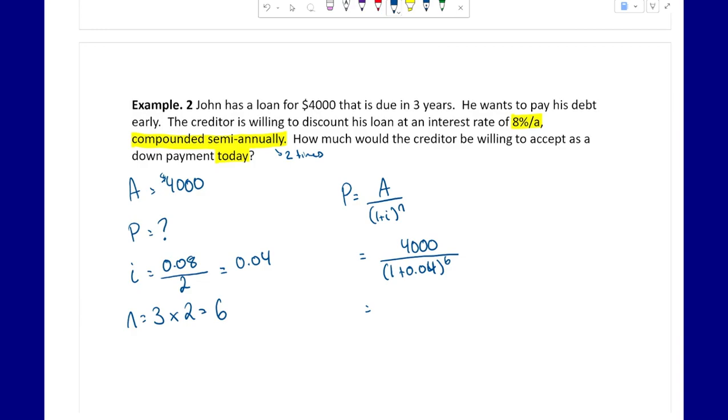And again, depending on how comfortable you are, you could do this all at once or break it up, simplify the bottom first, and then divide your 2 answers. We get $3,161.26. So that means the creditor would be willing to take the $3,161.26 right now rather than wait the 3 years to get $4,000.